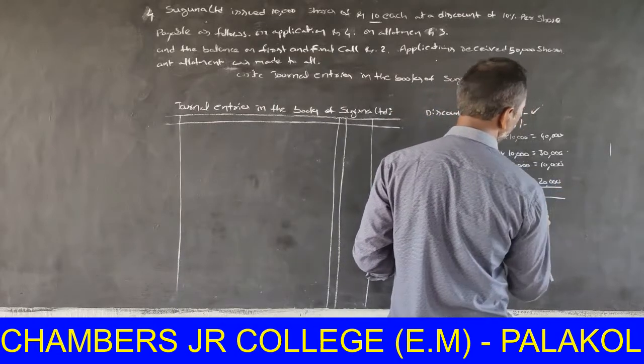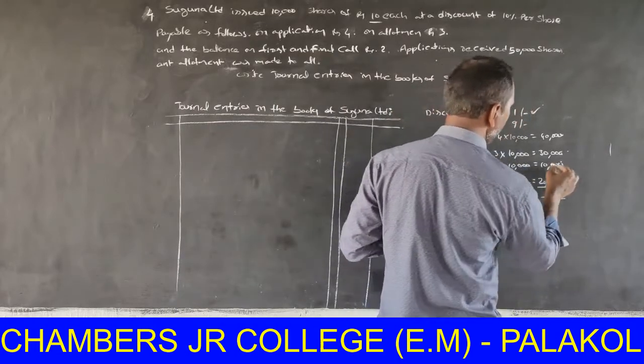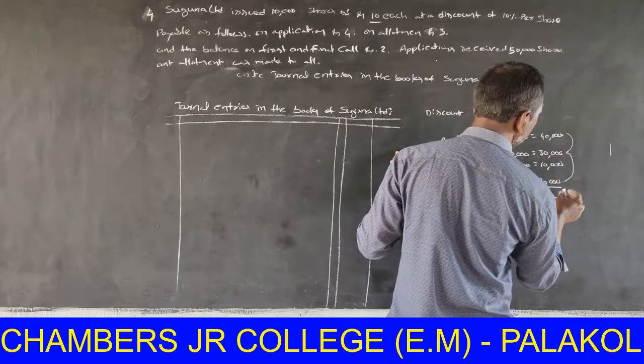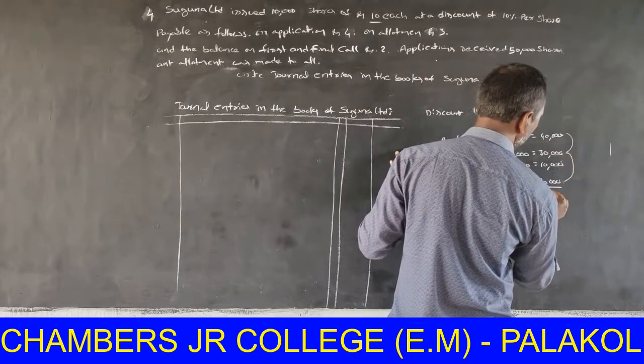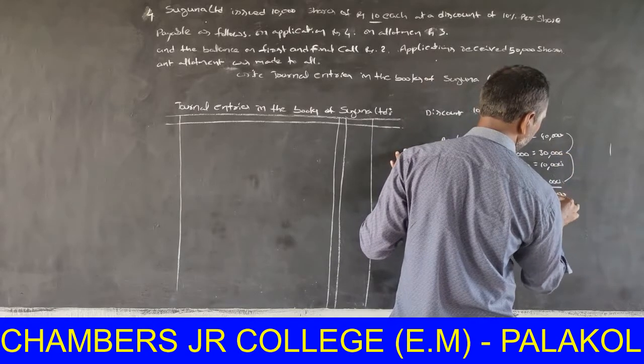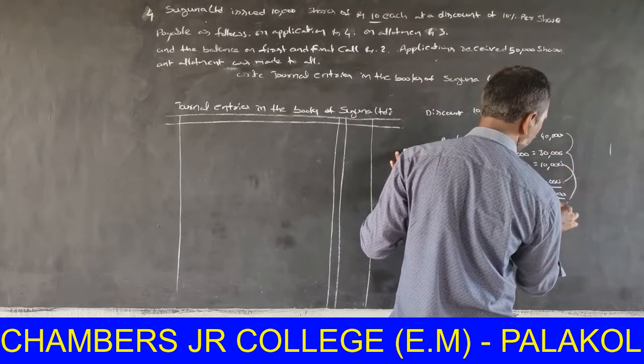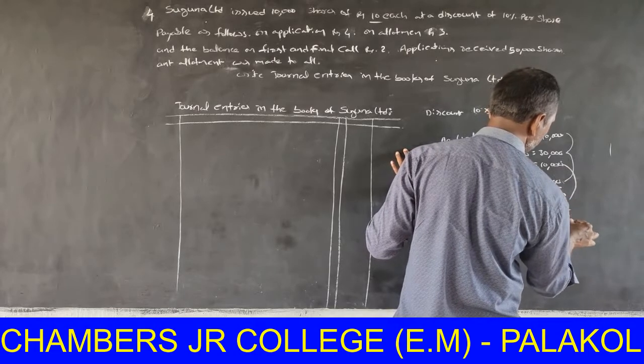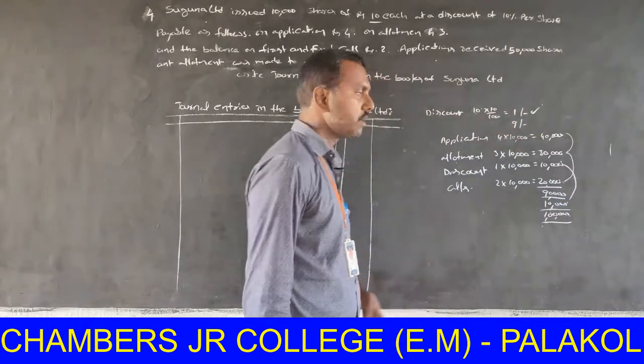Here the total money collected 40,000, 30,000 and 20,000, 90,000, and the discount 10,000. The total is 1 lakh.